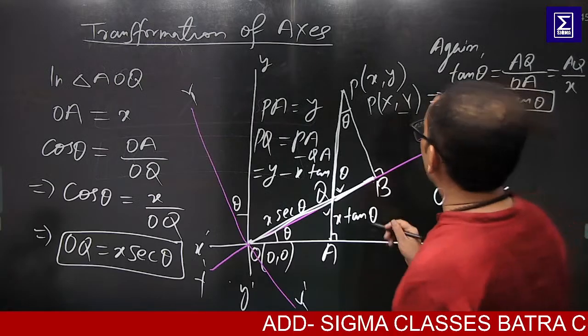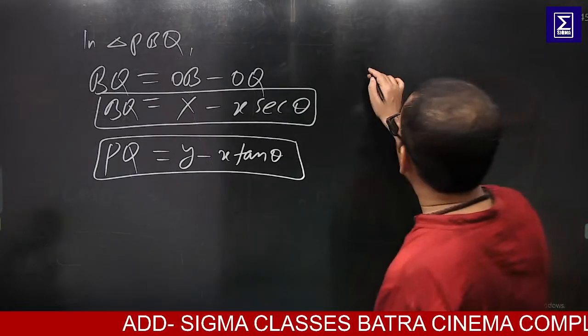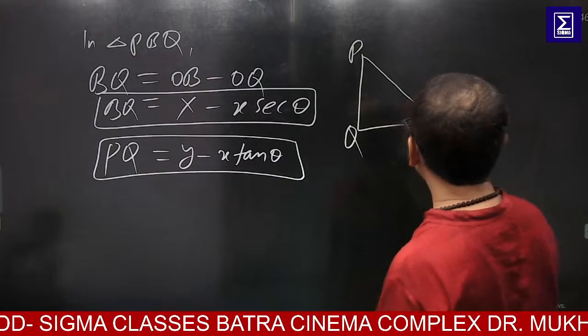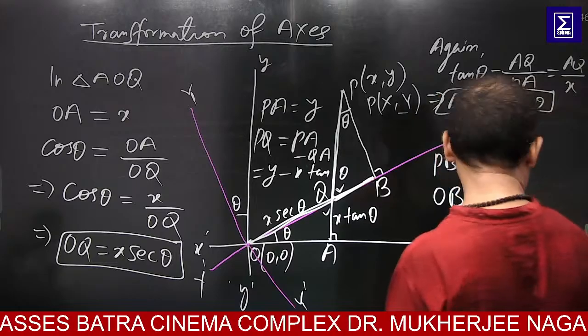Now we are talking about this triangle PBQ. B is 90 degrees, P is theta.